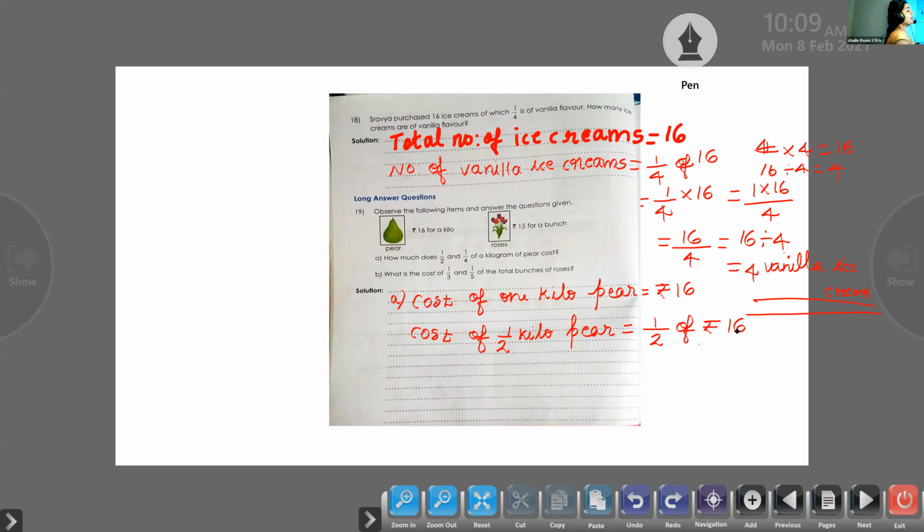We have to find 1 by 2 for 1 by 2 kilo pear. The cost is 1 by 2 of rupees 16. The cost also we have to find the half. That means 1 by 2 into 16.